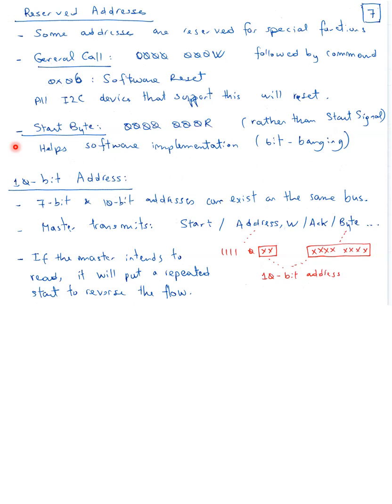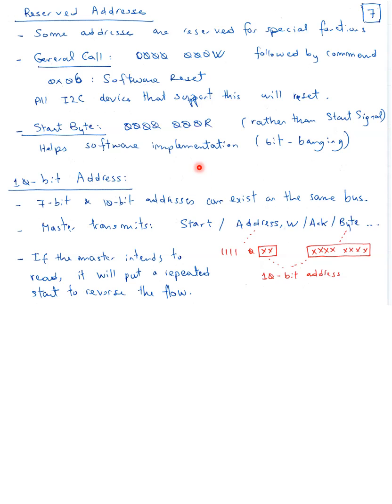The next reserved address we have here is all zeros followed by the R bit this time. So it turns out this is an alternative to the start signal. The start signal is kind of hard to detect because it is a falling edge on the data line.